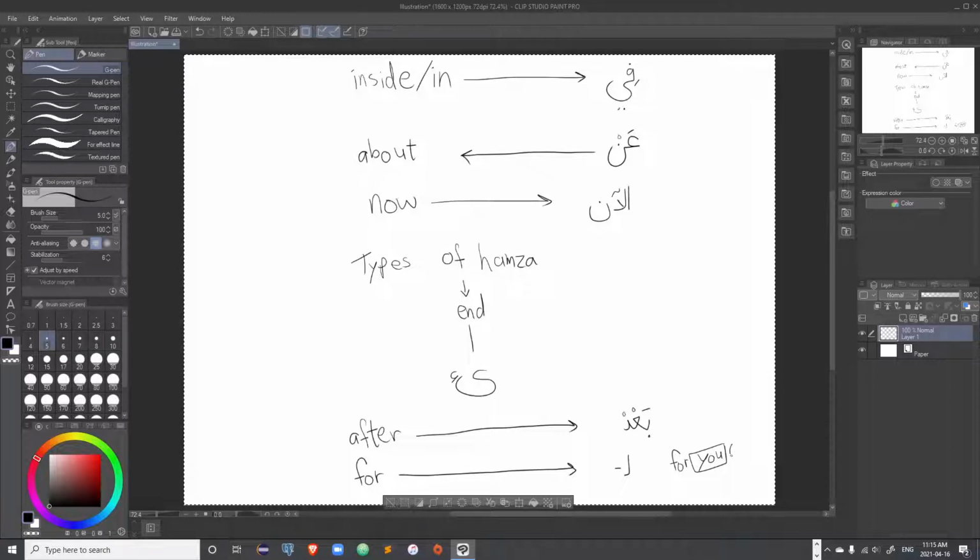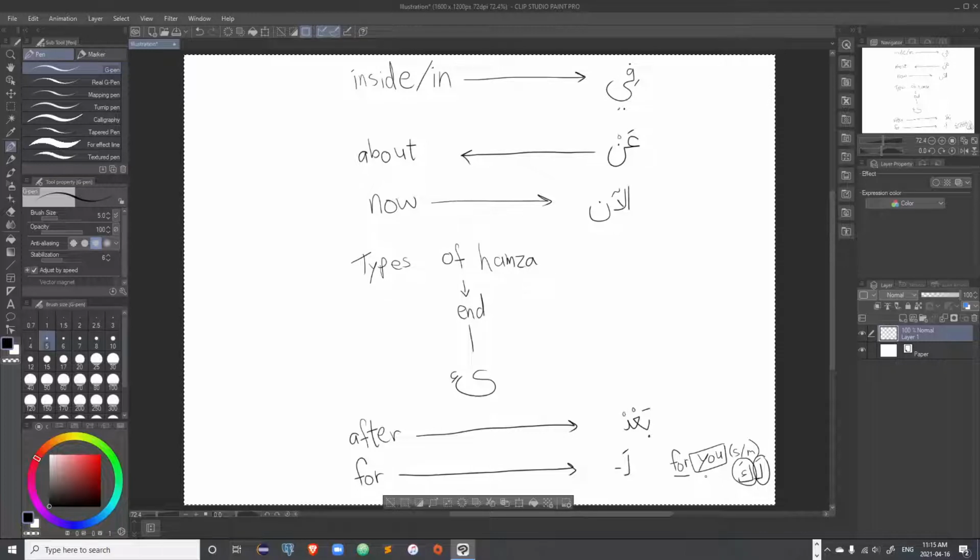Let us say this is you singular masculine. The suffix for the accusative or dative form was a kaf at the end of the word with a fatha. And I want to say for you. So what will I do? I will simply attach the lam. Actually, let me put a fatha here. So I would say laka, for you.